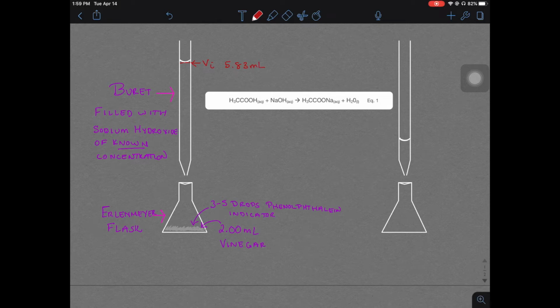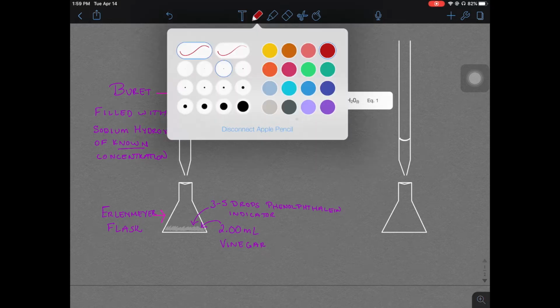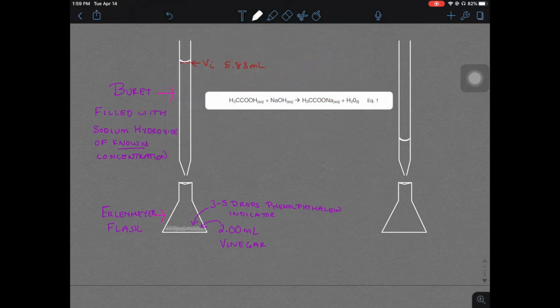So we know our initial volume. And so then you can see that the Erlenmeyer flask right now just has some vinegar in it, and I've shown that by making it kind of a silver color because initially the vinegar is going to be clear. It's just going to look like water. Even though we have our phenolphthalein indicator in there, it will still be colorless because that is an acidic solution.